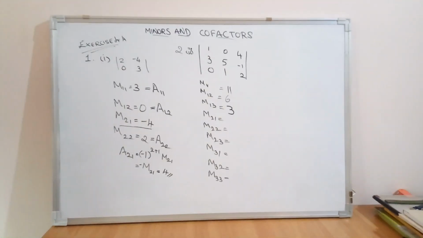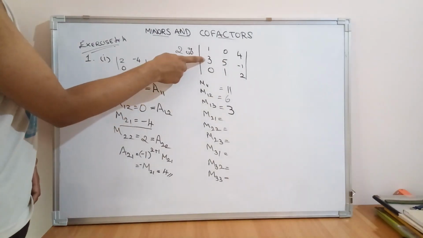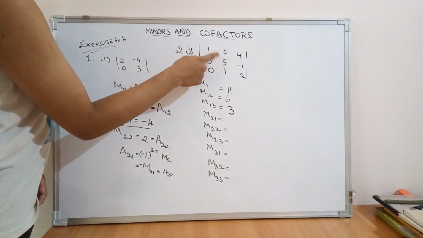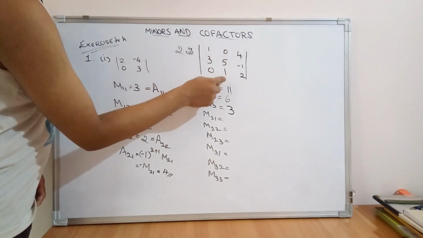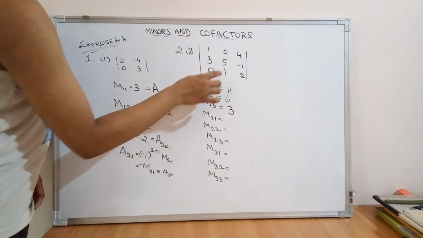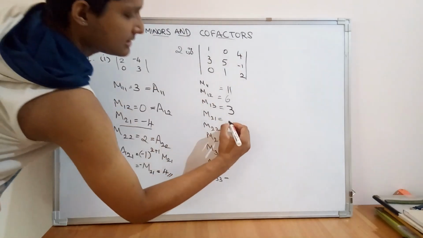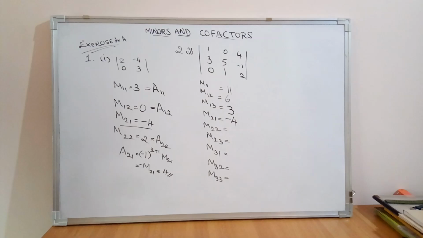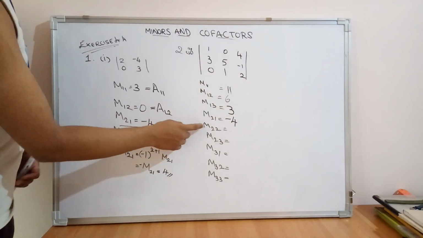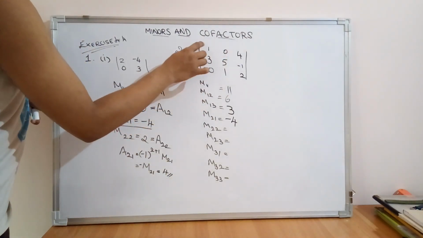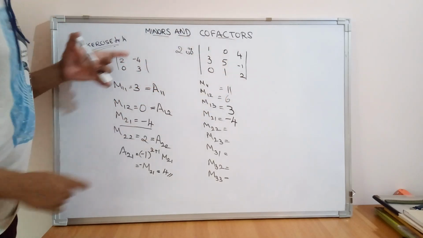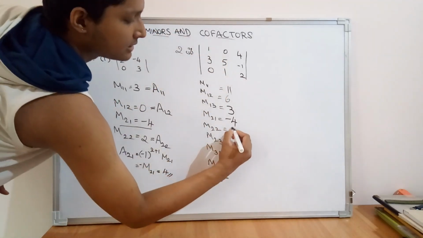Okay. Then you have M21, that is corresponding to this element. Therefore, you are going to get 0, 4, 1, 2. 0 into 2 is 0, minus 4. It is minus 4 here. Okay. Then you have M22, that is corresponding to this. You are going to get 1, 4, 0, 2, or simply you are going to get 2 as a value.